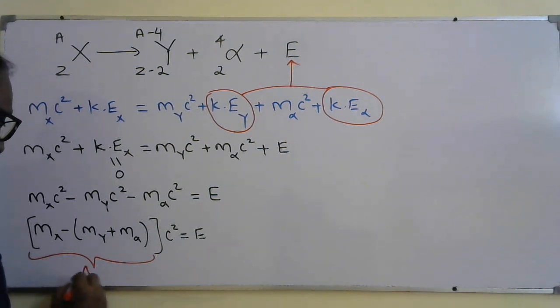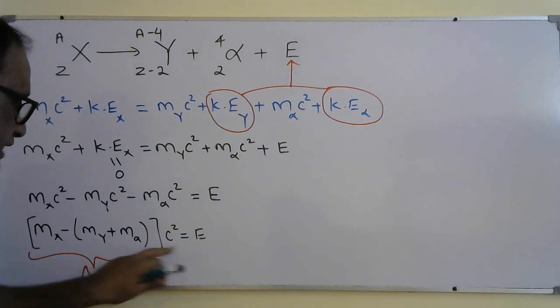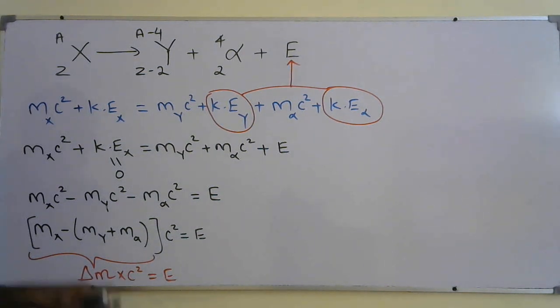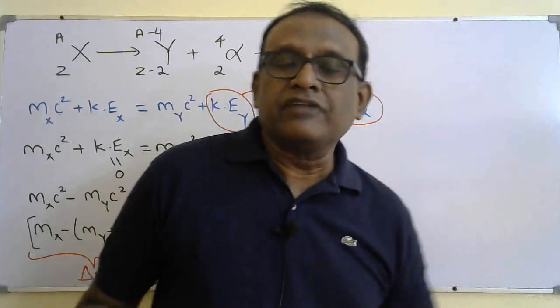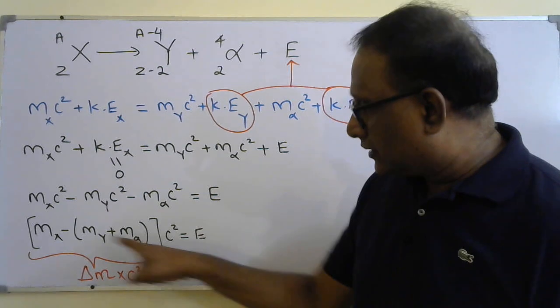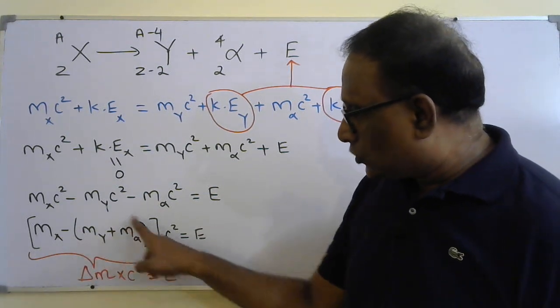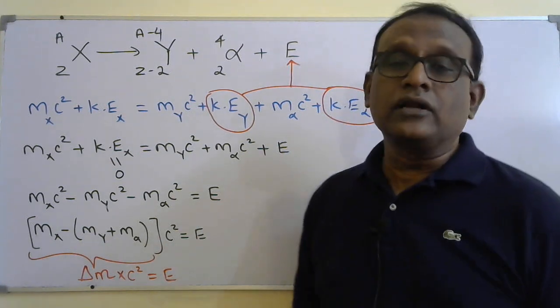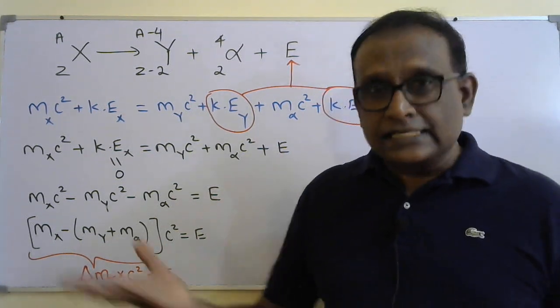This we call mass deficit into c squared equal to E. So that's the way we normally find the energy release during alpha decay. We normally start with this one: mass of X minus total mass of the products, that is mass deficit, into c squared, we call it the energy release. There's nothing wrong.